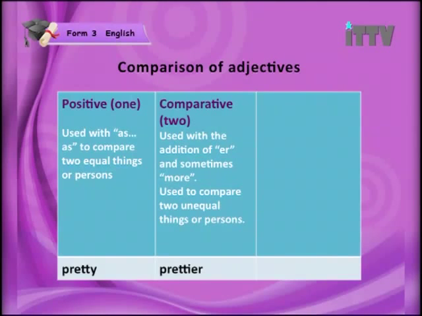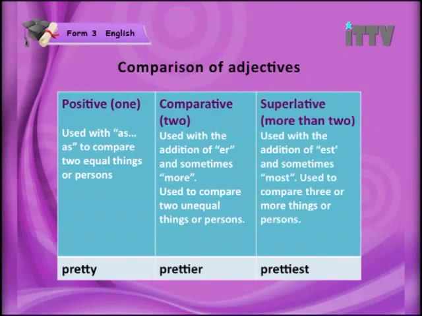Next, superlative, more than 2, and used with the addition of est and sometimes most. Used to compare 3 or more things or persons. It becomes prettiest. So positive is pretty, comparative prettier, superlative prettiest.